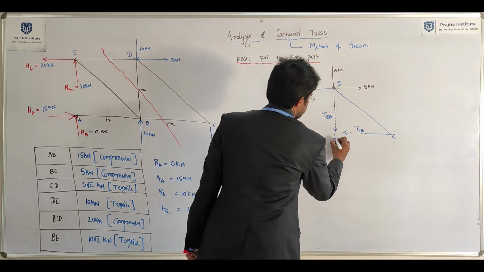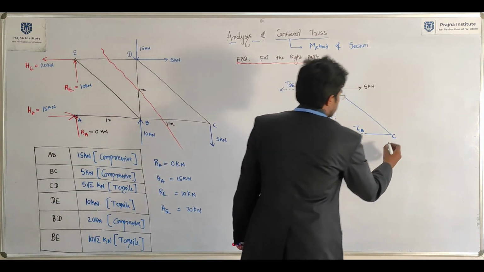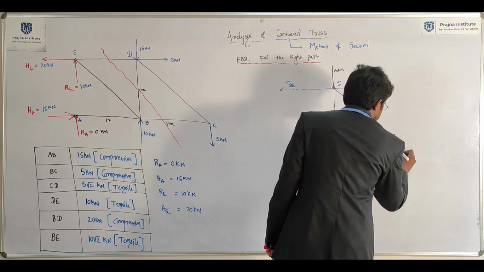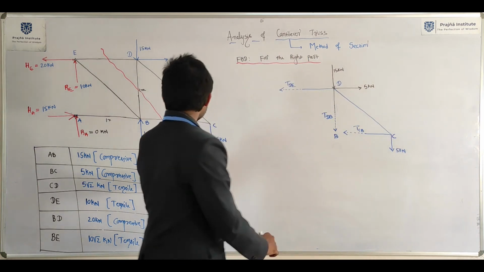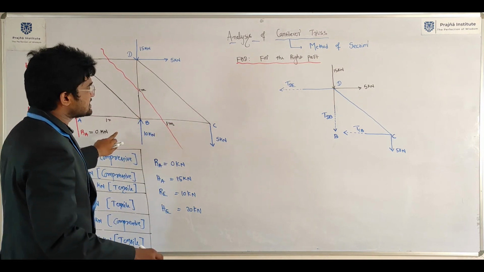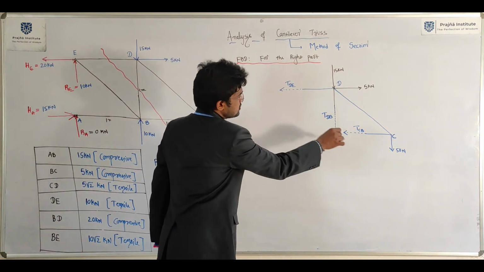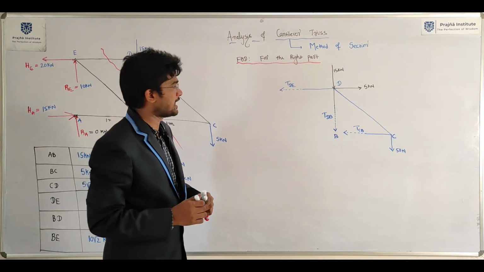Of course it is B. So we need to consider the right part only. Here the force acting is 5 kilonewton, TDB is acting downward, TCB is acting like this, and TDE, 15 kilonewton. Of course, this is the section free body diagram for the right part.